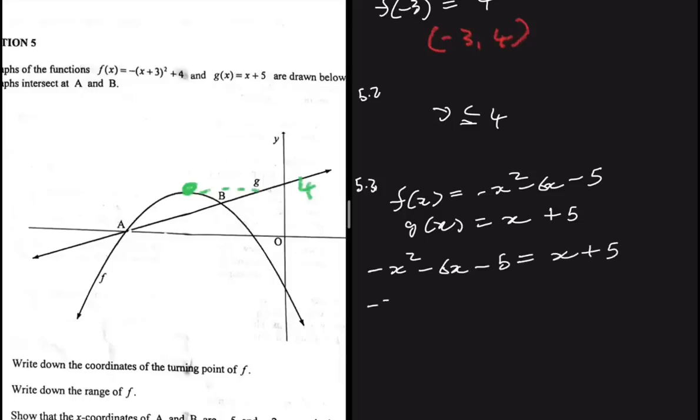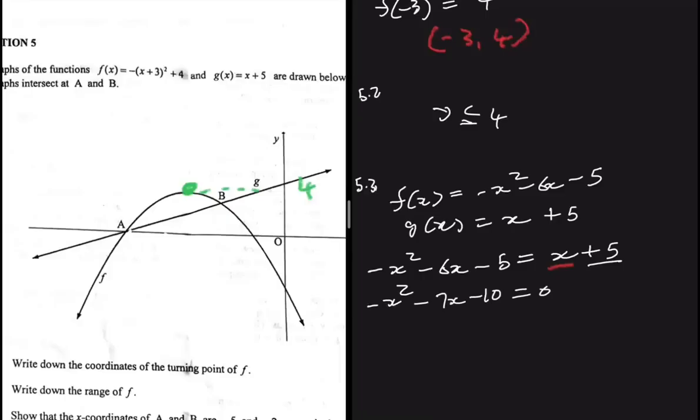Right, so we're going to have minus x squared. We take x to the left hand side, we're going to get minus 5x. And then plus 5 is going to be minus 5, right? So we have not minus 5 but minus 7, right? So we're going to have minus 7x and then minus 10 is equal to 0, right?